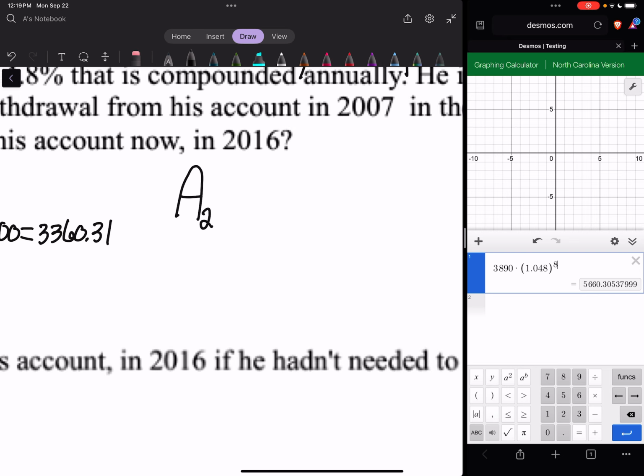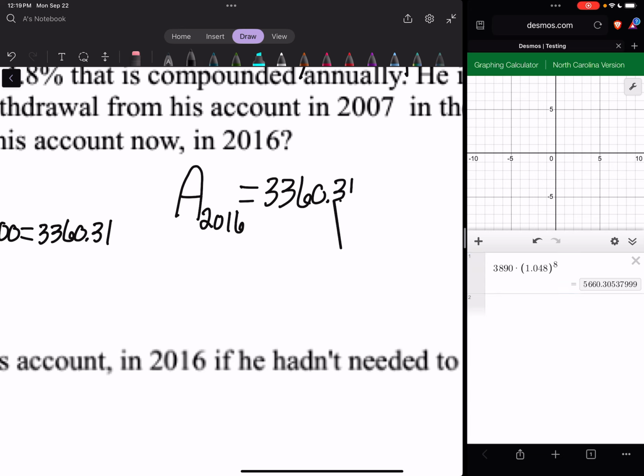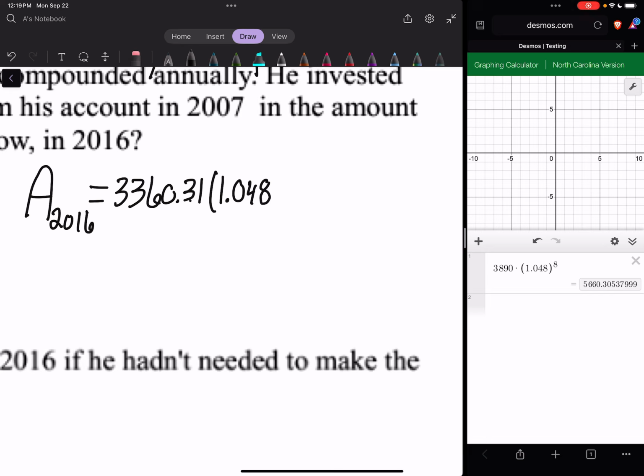So my amount in 2016 is equal to 3360.31 times 1.048. There is apparently a dead zone in my iPad that I need to write around. To the power of 9.